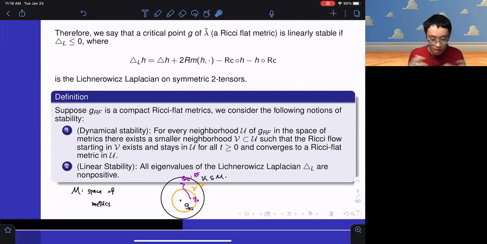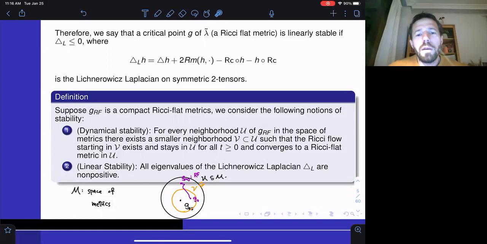Yes, so we extend this concept to say we start at some Ricci flat metric. Why do you need to do that? For me, it would be more natural if there exists a neighborhood such that any initial metric takes the Ricci flow to the Ricci flat metric, but not to another one. Are there examples like this?